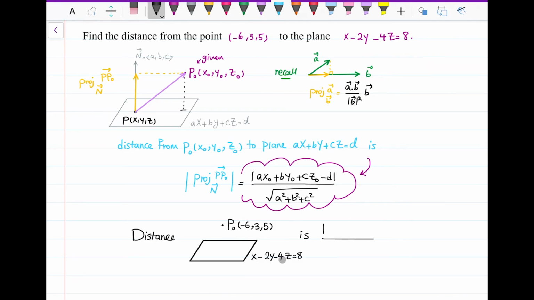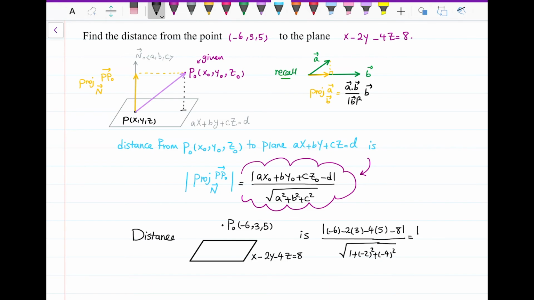A, B, C are 1, -2, and -4. And basically, as you see in here, just plug in the point for x, y, and z in the formula of the plane. So I get -6 minus 2 times 3 minus 4 times 5. And then this is d. I'm going to bring it on the other side: -8 over square root of the length of the normal vector, which would be 1 squared plus -2 squared plus -4 squared.